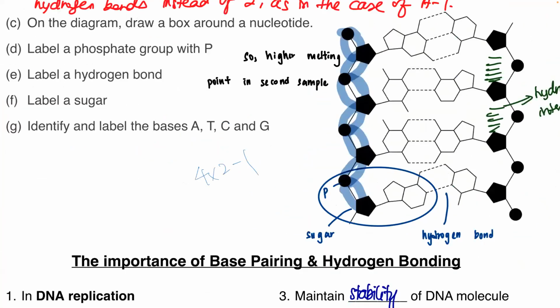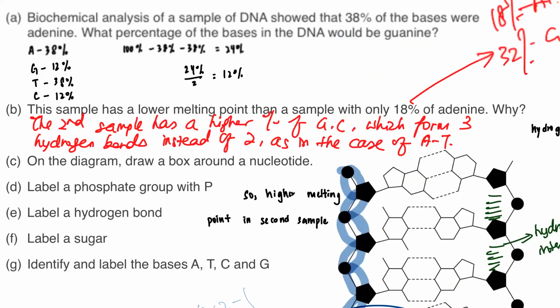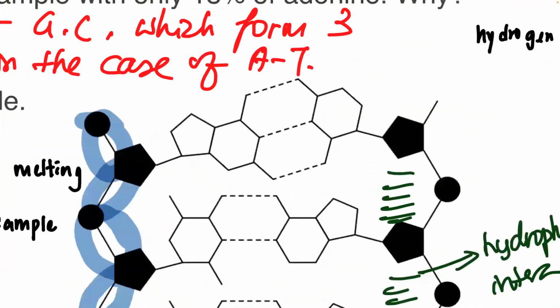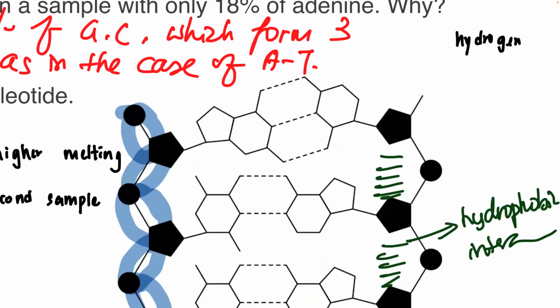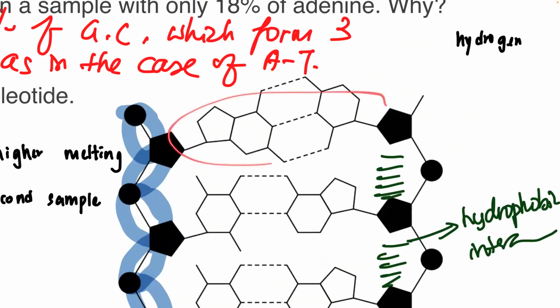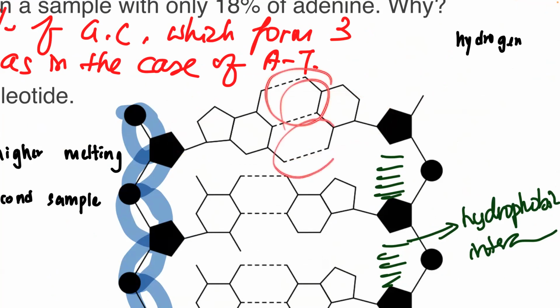Identify and label the bases A, T, C, and G. How do we know which is A, which is T, which is C, and which is G? First of all, those with 3 hydrogen bonds would be GC. G is a purine with 2 rings, C is 1 ring.